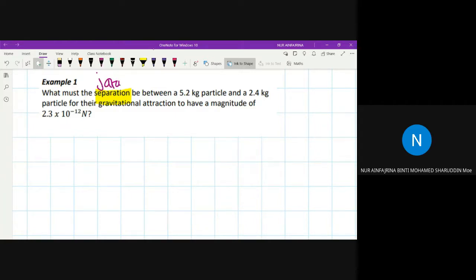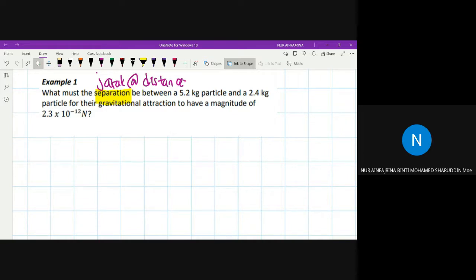Jarak or distance. Okay, once you guys are done, tekan nombor 1 di chat box ya.